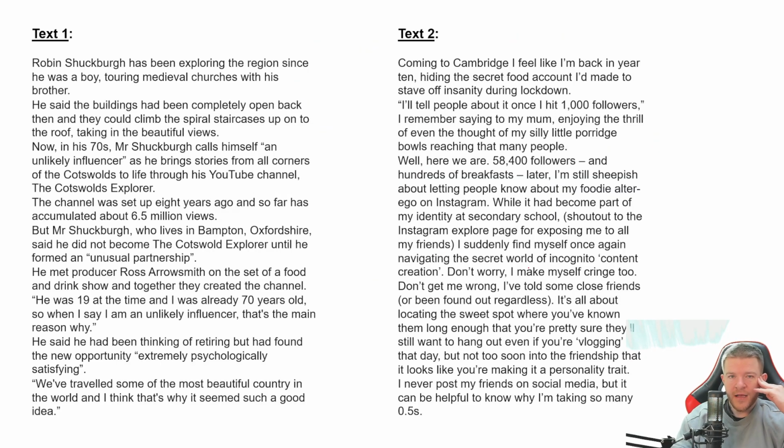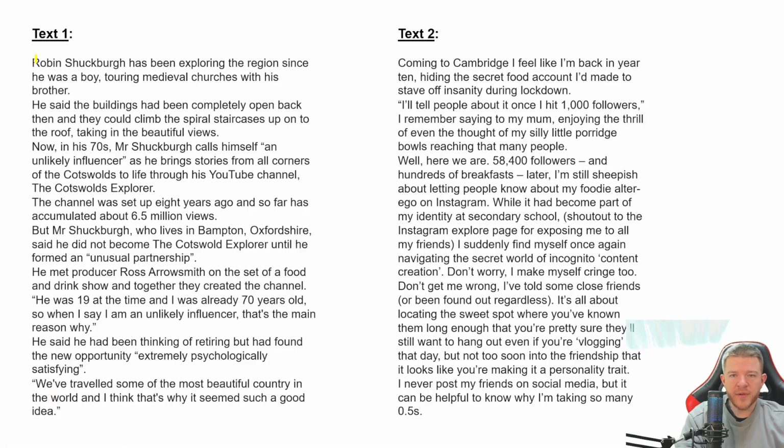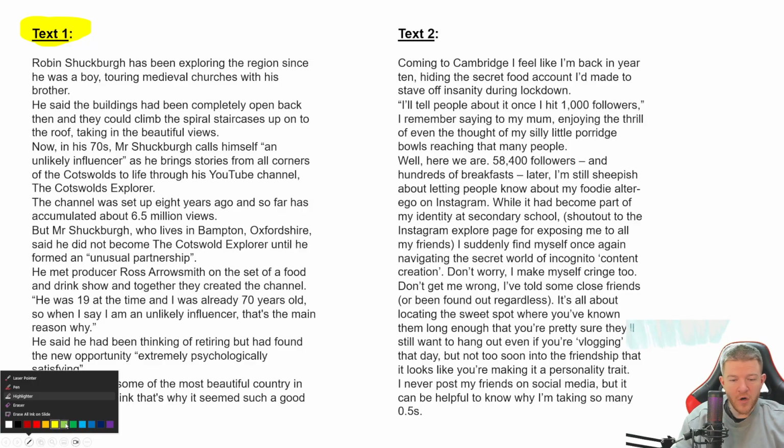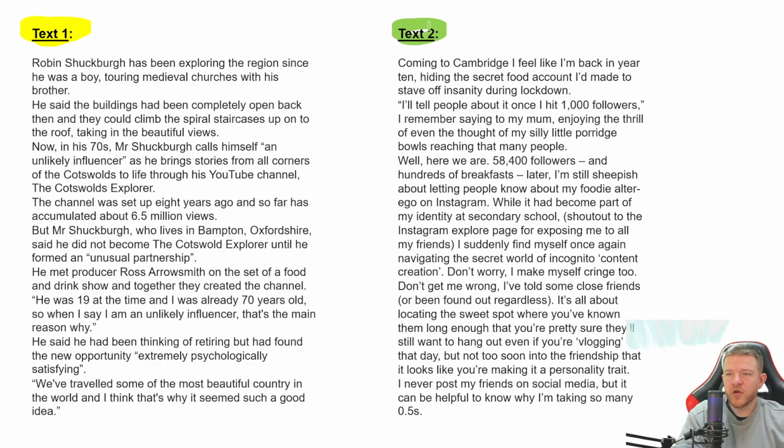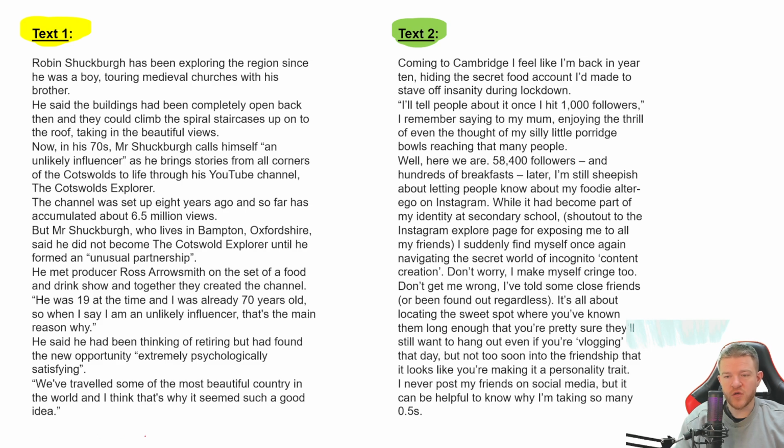Okay, here are the two texts. We've got one about an unlikely influencer called Robin Shuckburgh. Okay, so this is text 1, an unlikely influencer called Robin Shuckburgh, who's got a YouTube channel about him exploring the Cotswolds. And we've got a more typical influencer called Jess, who has got a little food blog, the way that she refers to it, on Instagram.